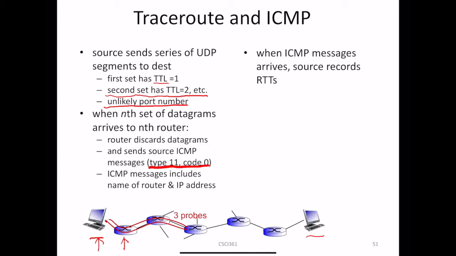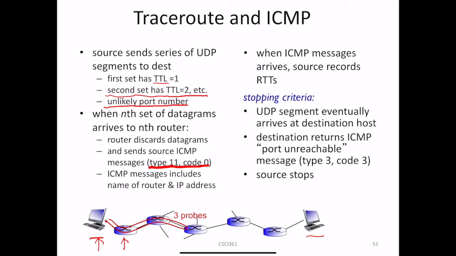This kind of ICMP message includes the name of the router and the IP address of this router. Then, when the ICMP message arrives at the original device, the original device can calculate or measure the round trip time to that router.